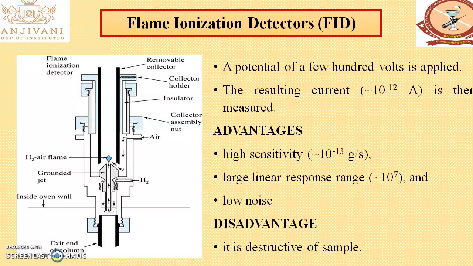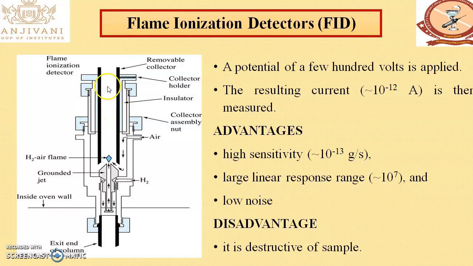As the effluent migrates up the detector, it initially gets mixed with the hydrogen gas and later with the oxidant. You can see here air is coming up. Air is acting as an oxidant and there is hydrogen gas. So the effluent from the column is mixed with these two components and this mixture continues to migrate towards the head of the nozzle where a positive biased voltage exists.